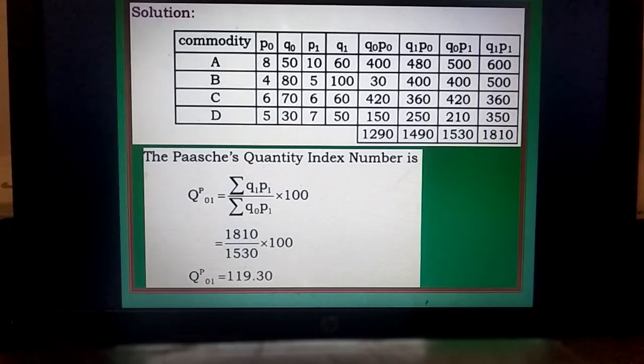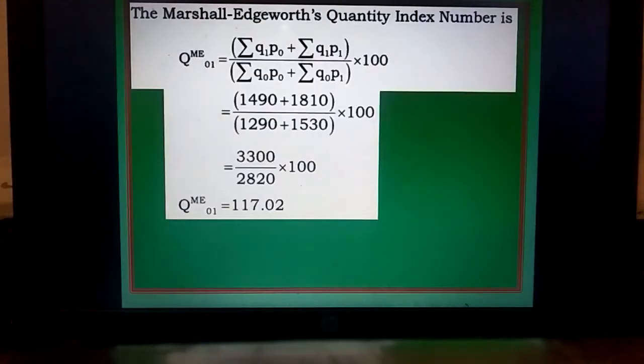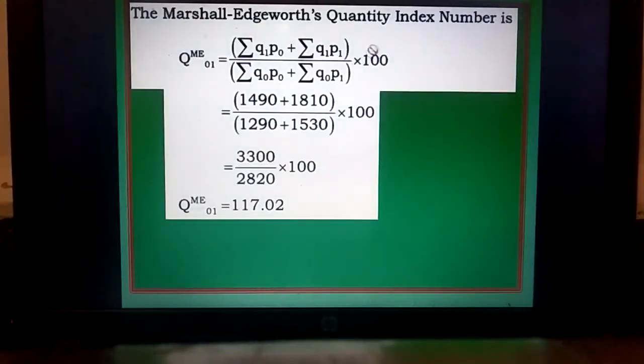Next index number, the Marshall-Edgeworth quantity index number, Q01ME. The simplified version is given here. You know already this formula of Marshall-Edgeworth quantity index number; I had explained it in the previous videos.